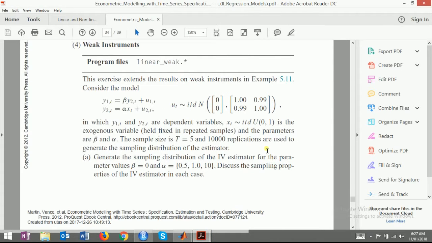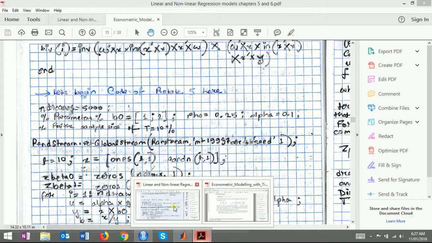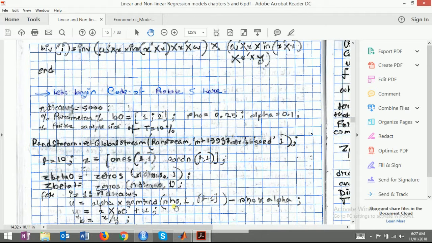The first problem is the weak instruments problem. This exercise extends the results on weak instruments in example 5.11, which means if we go back to the notes, this example is extending on weak instruments.